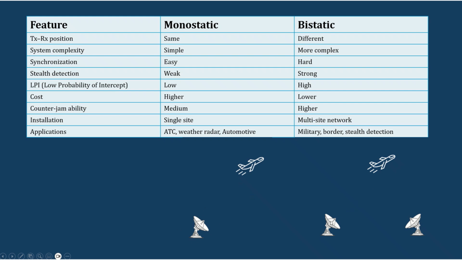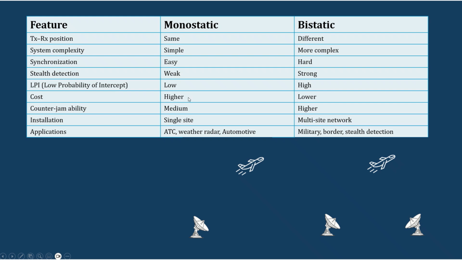But in the bistatic case, when this target receives some signal from this radar, it will not get any indication about where our receiver radar is. That means it does not have any idea where our receiver radar is. So in the bistatic case, the low probability of intercept is very high as it does not have any idea about where our receiver is.